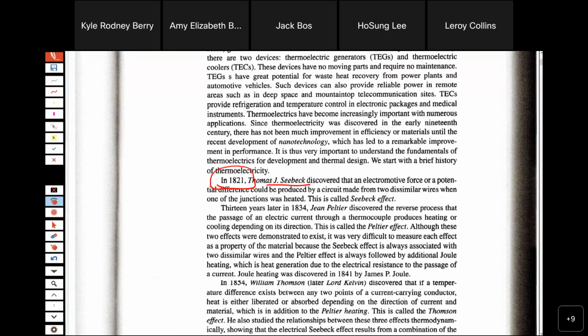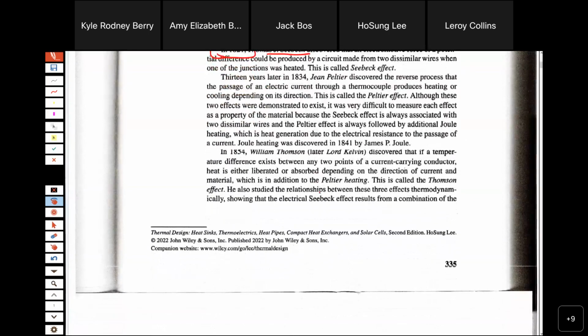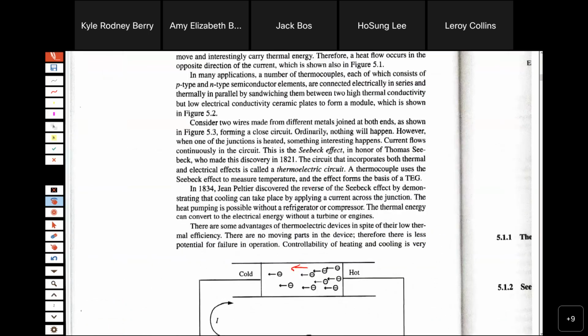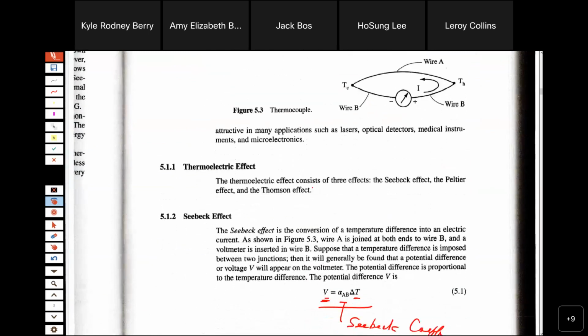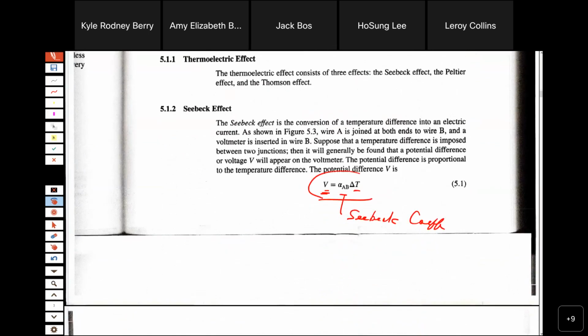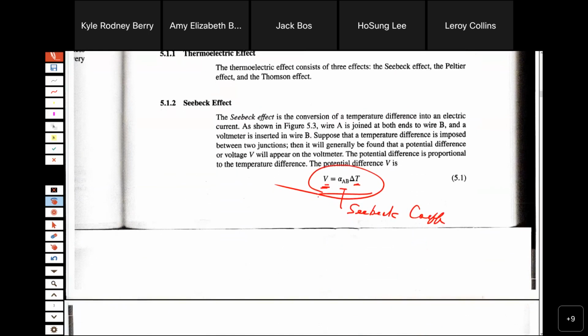So thermoelectric is known much earlier than the electron. Okay, and then I said this is nature, temperature, and the voltage.